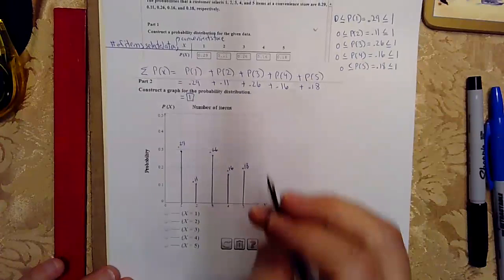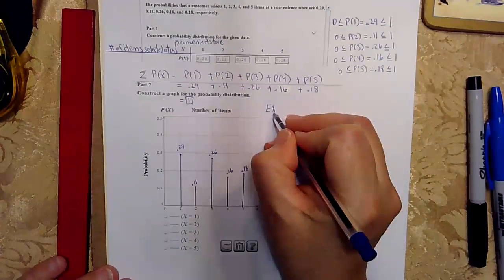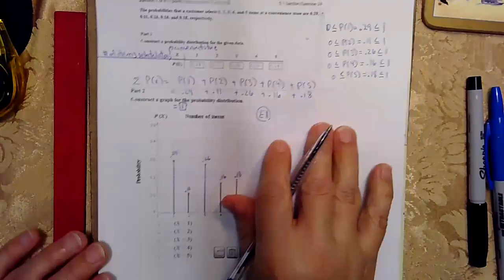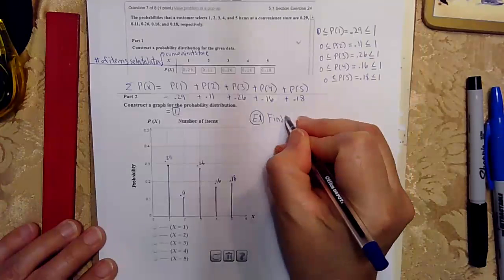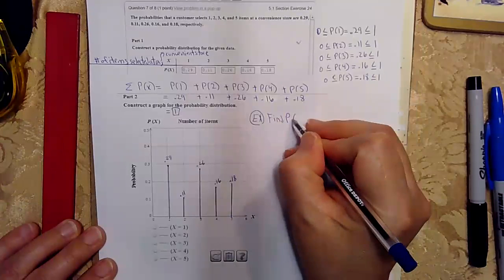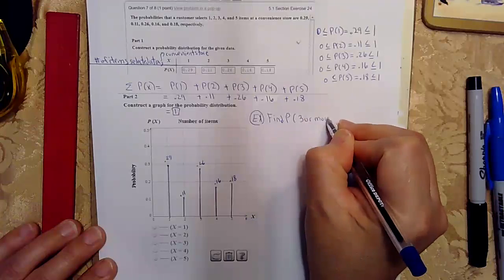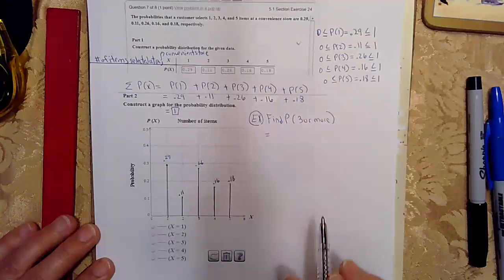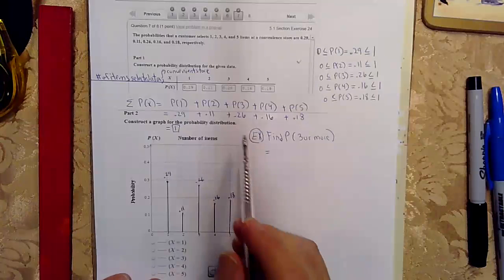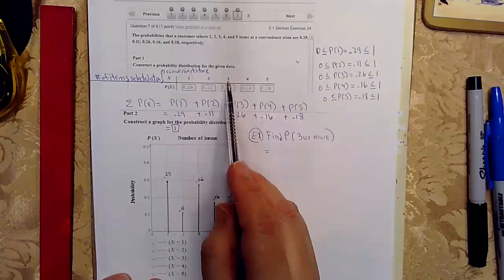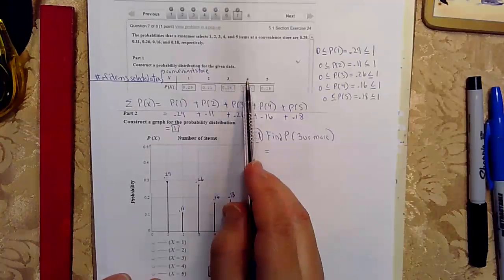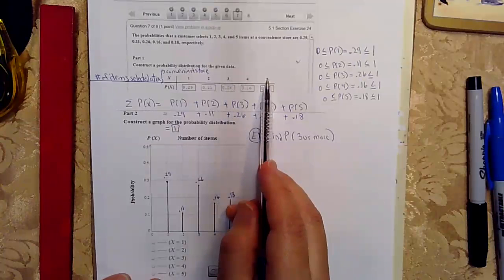So let's say that we were finding the probability of 3 or more. Probability of 3 or more would be starting here: 3, 4, 5. That's all, you don't have any more.